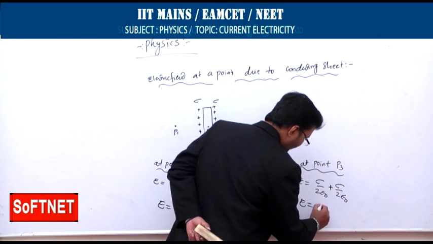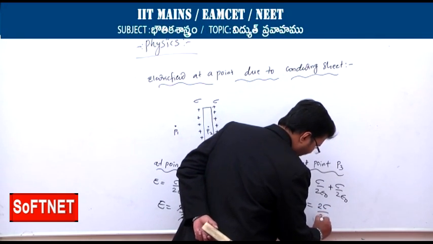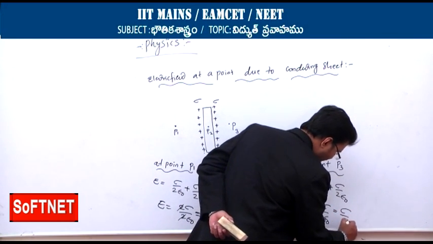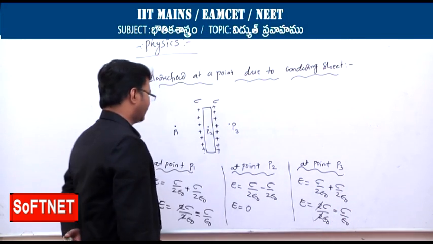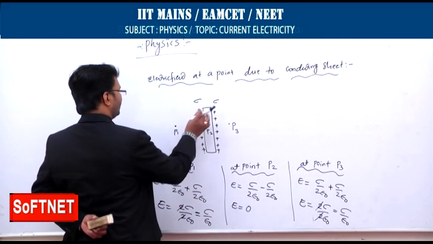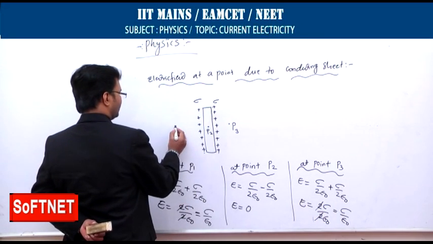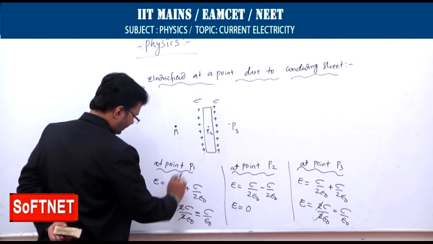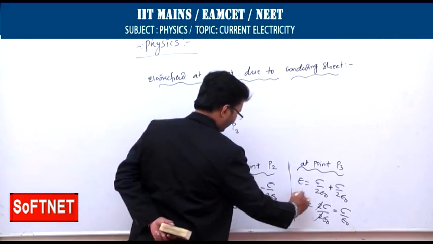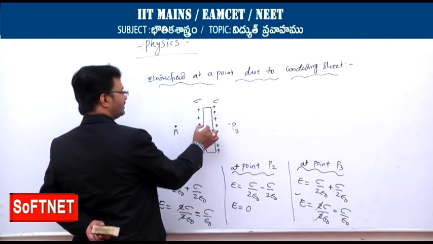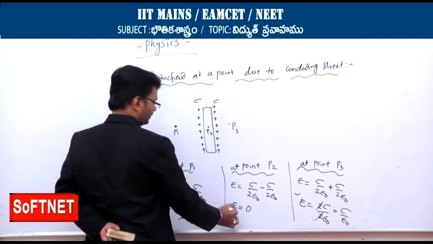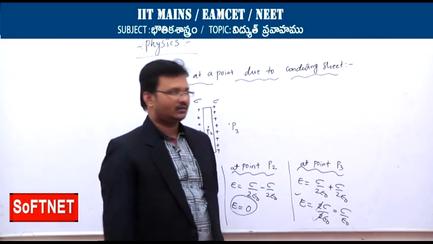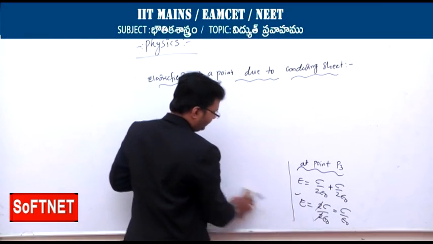Then E is equal to 2 sigma by 2 epsilon naught, the 2 cancels, then sigma by epsilon naught. So, what we observe: for a conducting sheet, if the point is on either the left side or the right side, E net is equal. If the point is on the sheet, then E will become 0. Clear?